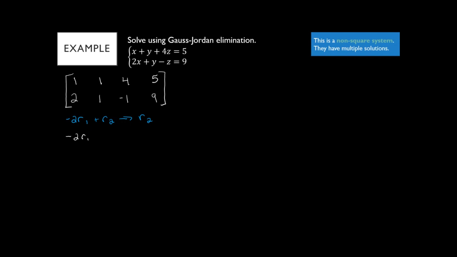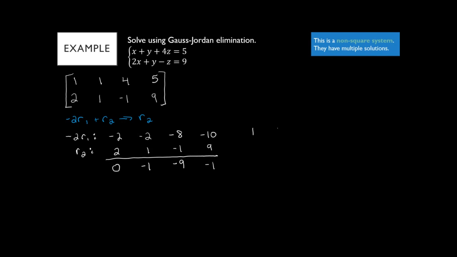-2 row 1 is going to be -2, -2, -8, -10. And then row 2 is 2, 1, -1, 9. And when we combine those, we get 0, -1, -9, -1.